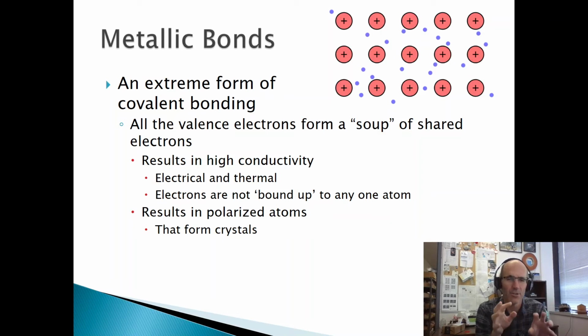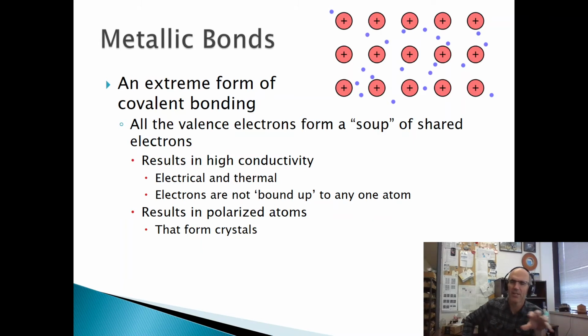And depending on the degree and the type and the nature of the metallic bonding that's happening, you get some really, really good metallic conductors and some less good ones. But I can't think of anything metallic that doesn't, in some way or the other, conduct electricity, almost contrary to the idea of the metallic bond. And the other thing that this ends up doing is it ends up slightly polarizing. In other words, putting a small charge onto each of the atoms, because each atom has given off a certain number of electrons and has accepted a certain number of electrons.